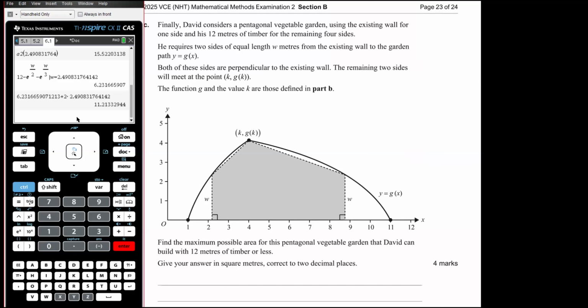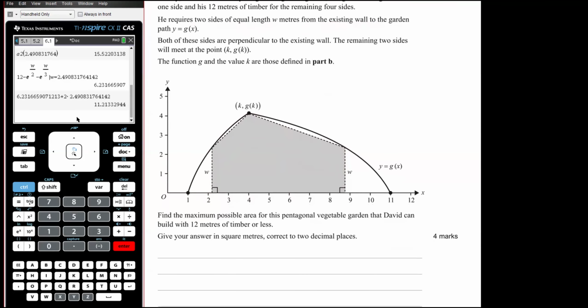Finally, David considers a pentagonal vegetable garden. Pentagonal means you have 5 sides, using the existing wall for one side, okay? 1 side, 2 sides, 3 sides, 4 sides, 5 sides. He requires 2 sides of equal length W, here and here. Both are from the existing wall to the garden path, g(x).